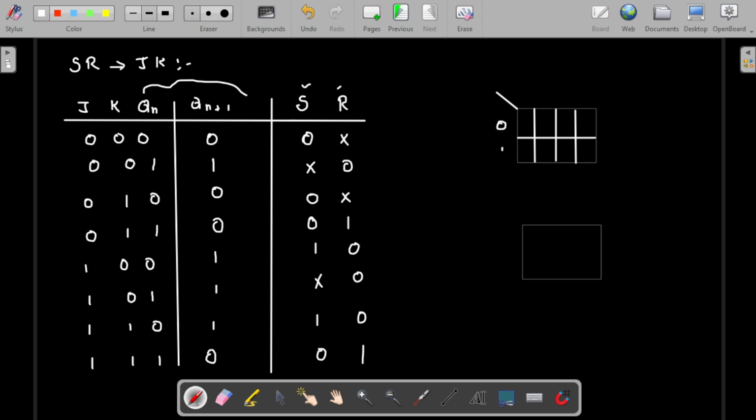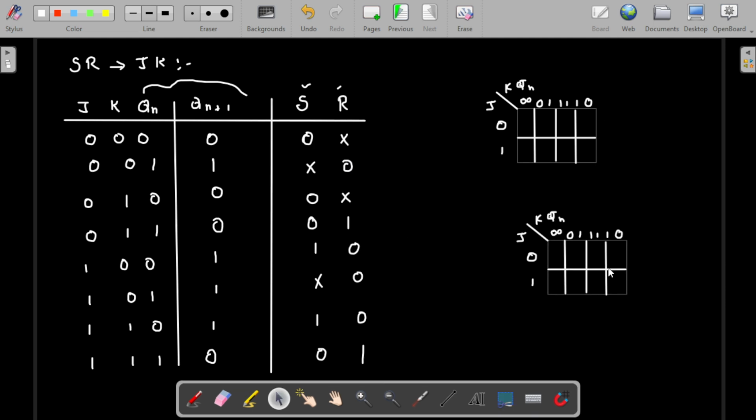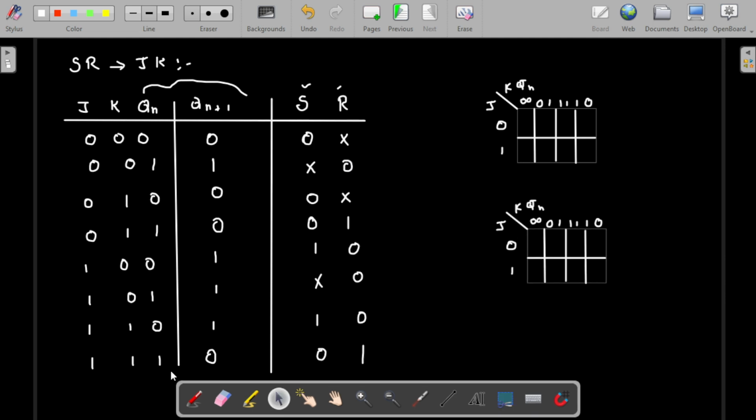This is 0 1 0 0 0 1 1 1 1 0, with J, K and Qn. We have to repeat this here, so I am removing this one and repeating the same. Let me use a red pen here.